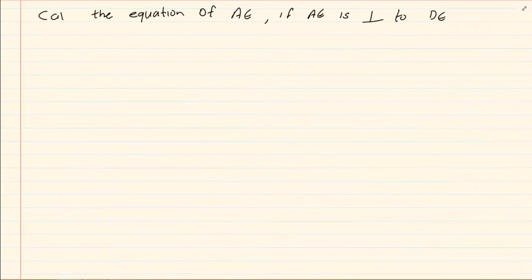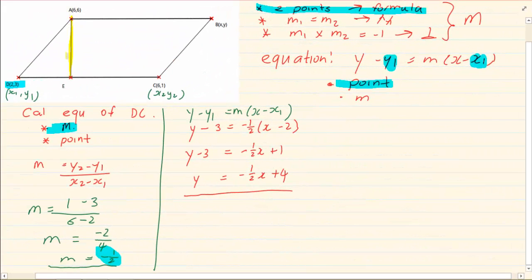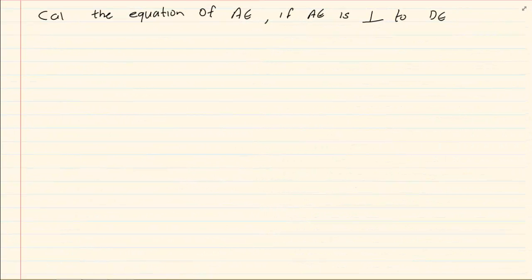Right, the next question says, calculate the equation of AE if AE is perpendicular to DC. Now, what are they telling us? If they're telling us that it is perpendicular, then we know the gradients, when multiplied, are going to give us negative 1.